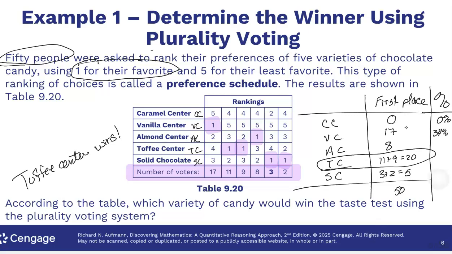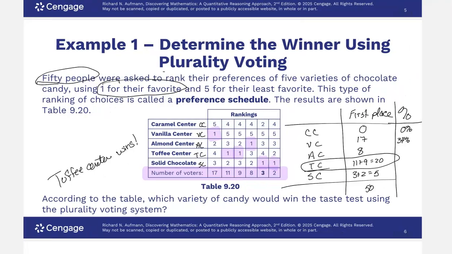So 34% of my voters thought the Vanilla Center was the best. 8 divided by 50 is 16%. 20 divided by 50 is 40%, and 5 divided by 50 is 10%.